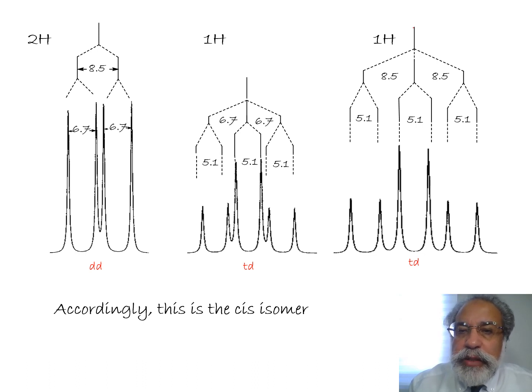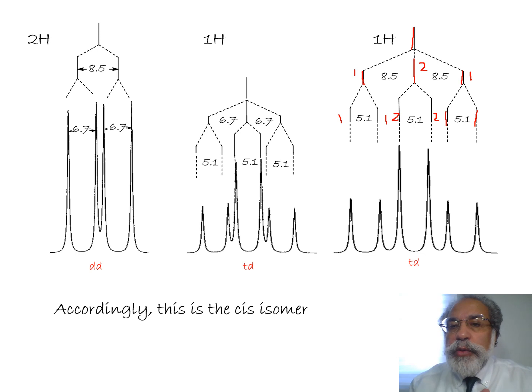You will find that one of the protons is a triplet, and each line of it will be a doublet, which will be 1 to 1, 2 to 2, 1 to 1. Since you have a triplet 1 to 2 to 1, each one will be a doublet. See the spectrum? Very beautiful first order.